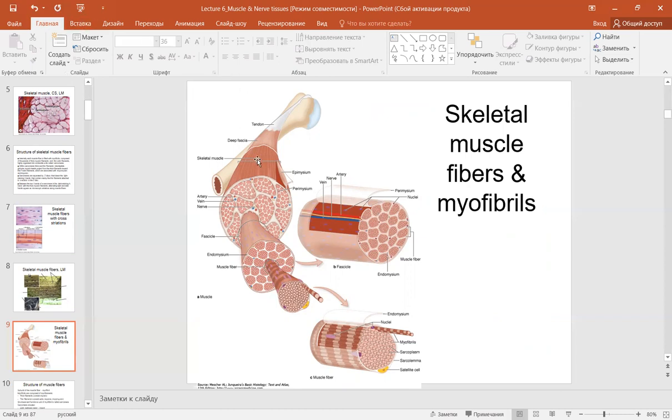Here you have the whole muscle. Here you have the fascicle consisting of the typical muscular fibers.